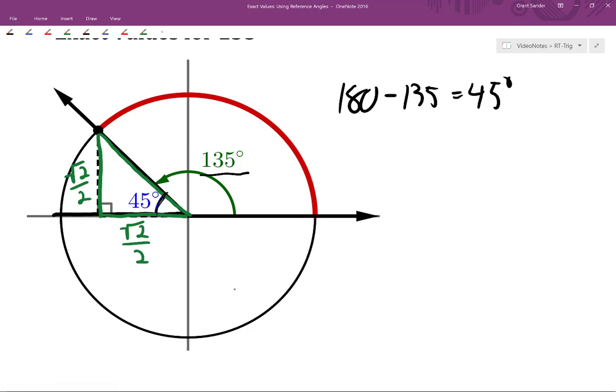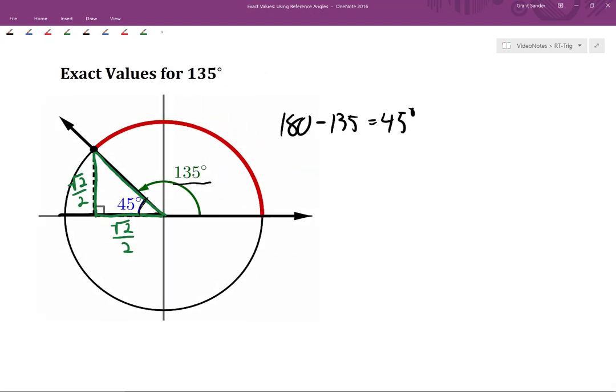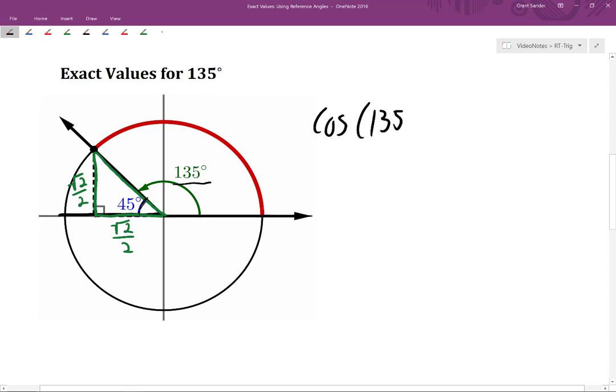So when we go to look at, say, cosine of 135 degrees, then we're actually looking at this distance right here, which is really the length of that horizontal side of the right triangle we drew down here, but we have to pay attention to whether or not it's positive or negative.